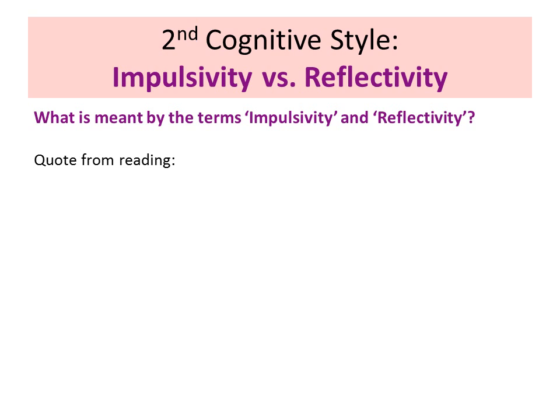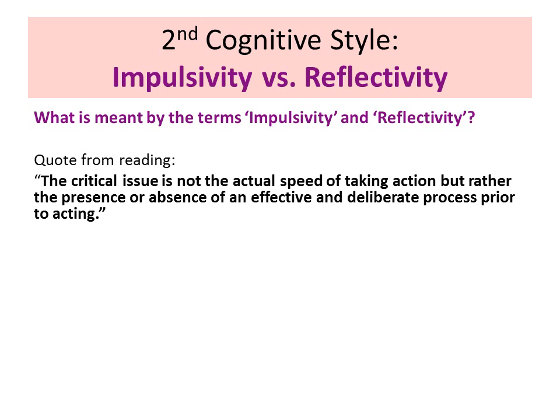The second cognitive style talked about in Raymond was impulsivity versus reflectivity. So what is meant by the terms impulsivity and reflectivity?